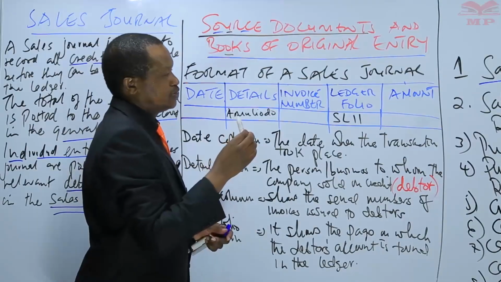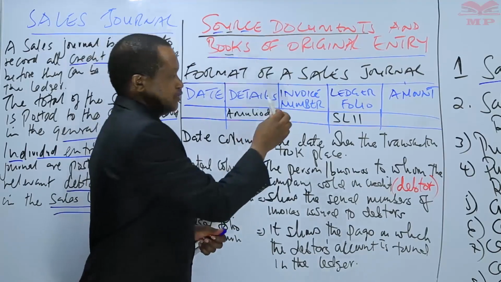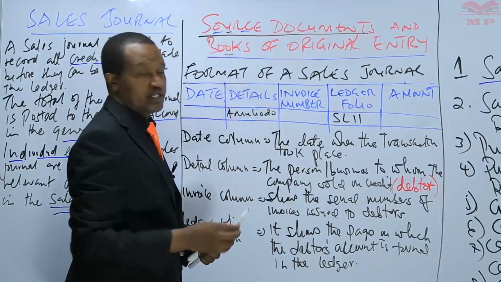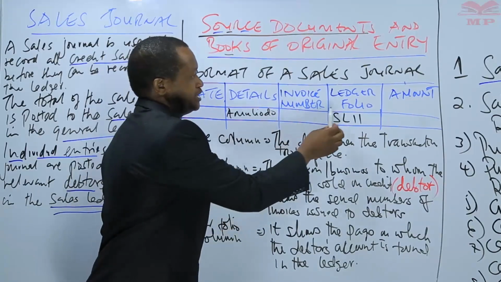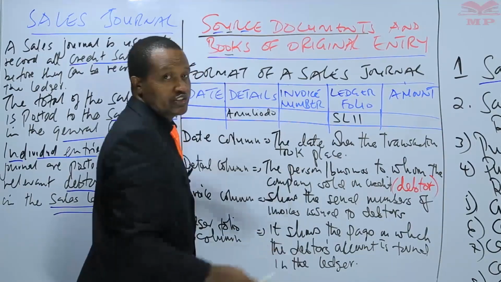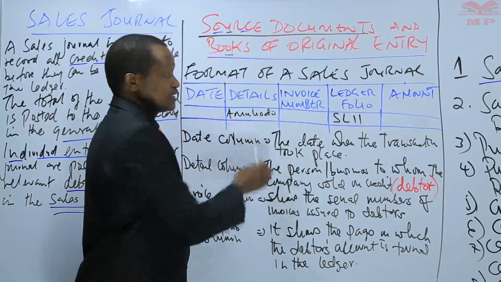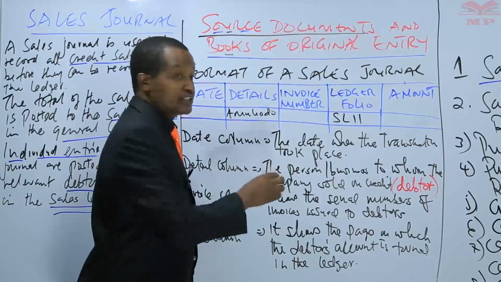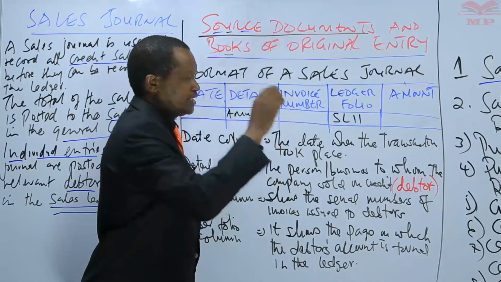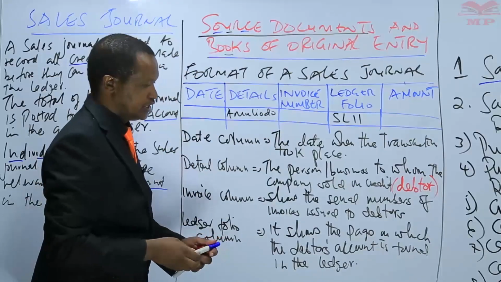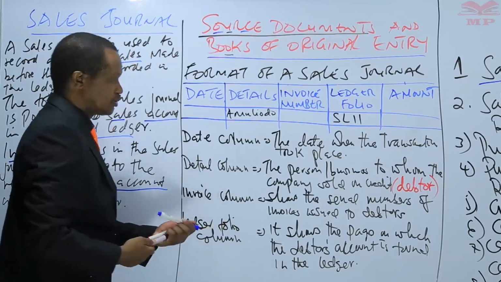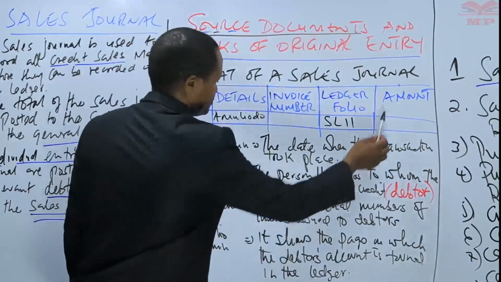Now, for that to happen, we have said when recording the sales journal, you have to ensure that the pages are shown where the debtors can be located in the sales ledger. Then the last column is the amount column.